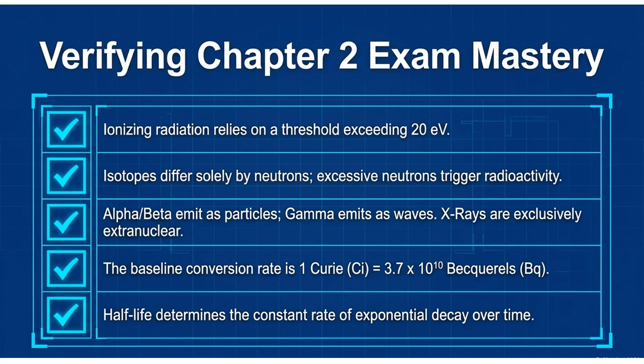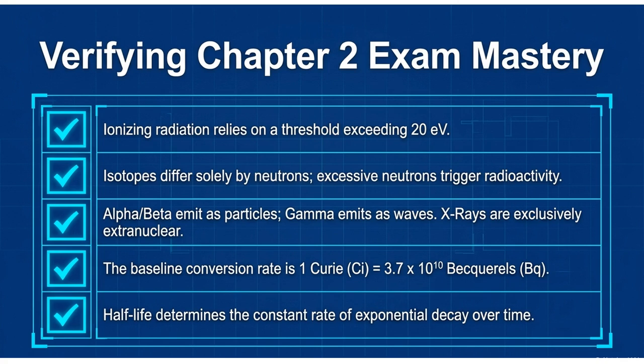Verify Chapter 2 exam mastery. In summary, to master this foundation, remember the ionizing threshold is 20 electron volt. Isotopes differ only by neutrons.